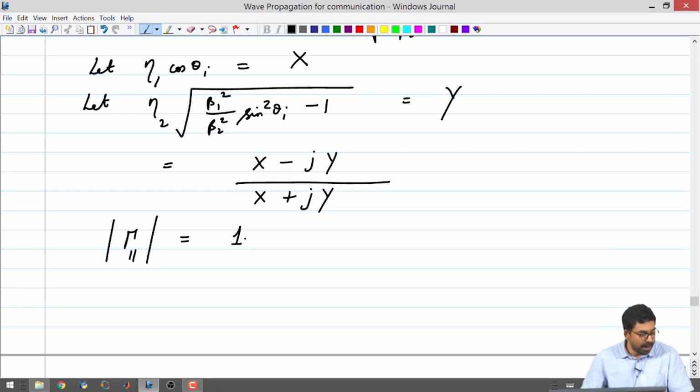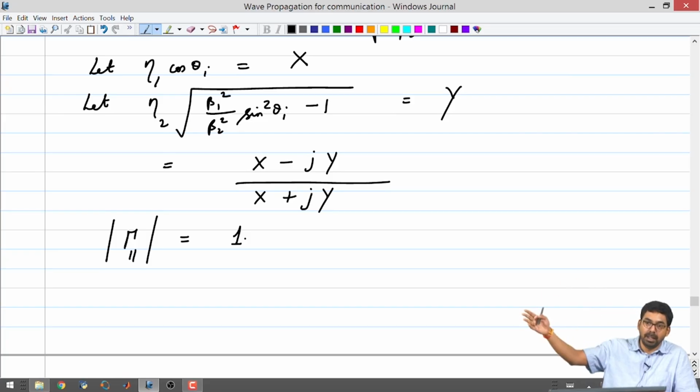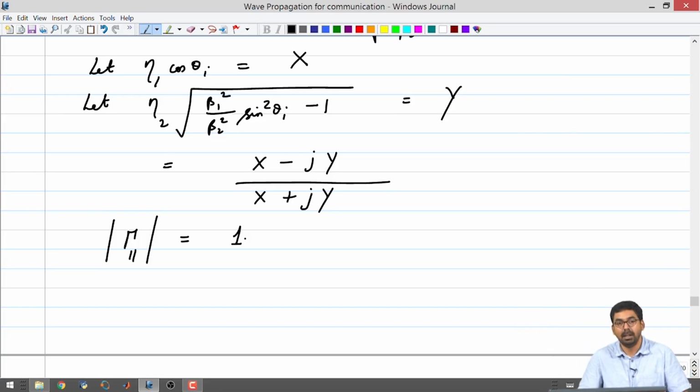Once I have determined that the magnitude of gamma parallel is equal to 1, I know that no electromagnetic wave is being transmitted; all of it is being reflected. So, at the interface between two media, when I have a denser medium followed by a rarer medium, if I adjust my incident angle in such a way that sin theta t is equal to 1 or higher, what I end up getting is the magnitude of gamma equal to 1.